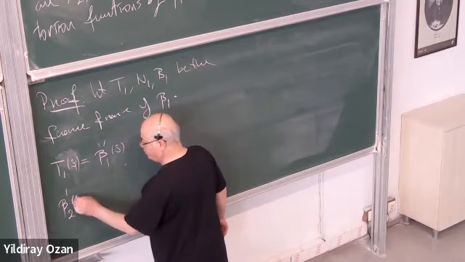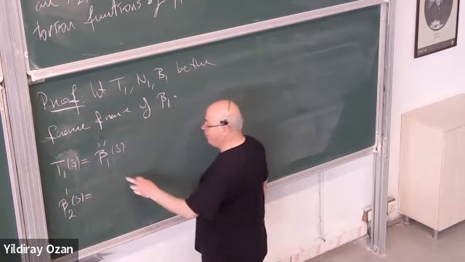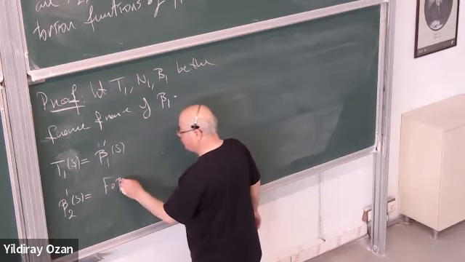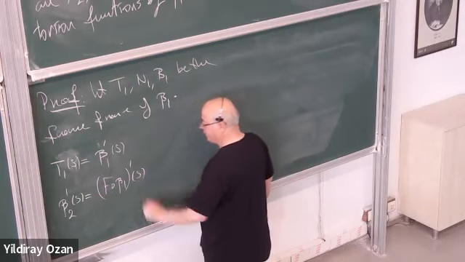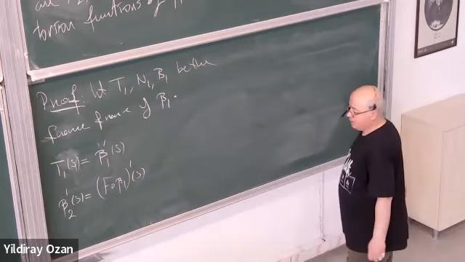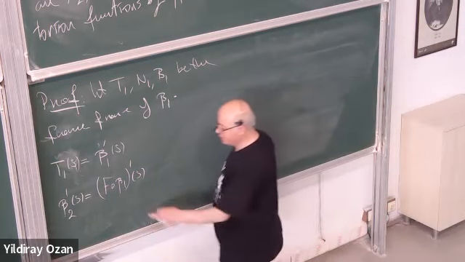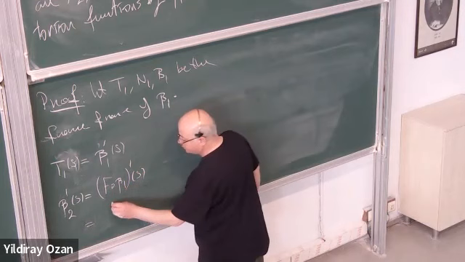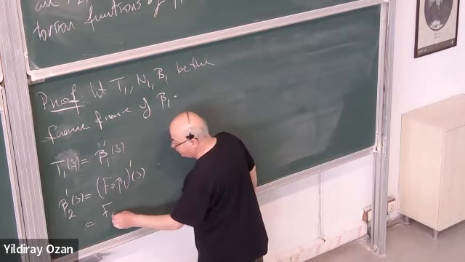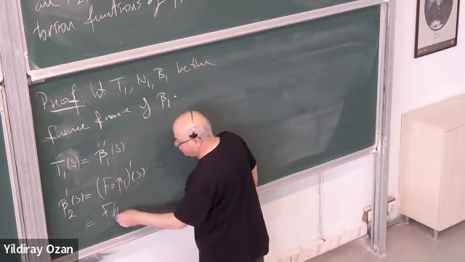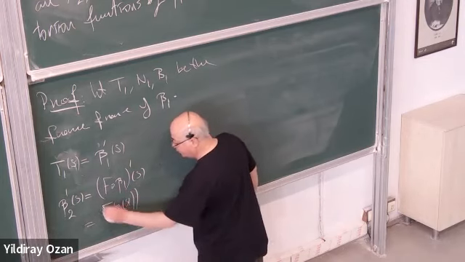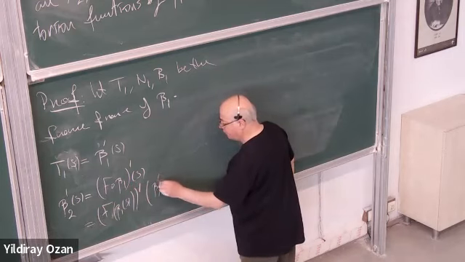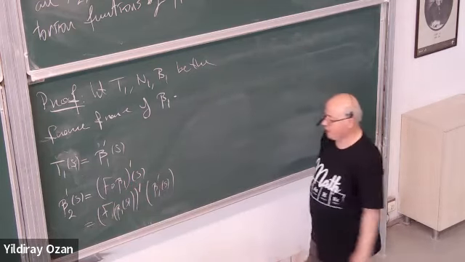So what is then beta 2 prime? Well, beta 2 is just F composition beta 1, right? So derivative of this. But what is this? By the chain rule, this is the derivative of F at the point beta 1 of s. Let me write it this way. And then derivative of beta 1 prime s, right? The chain rule.